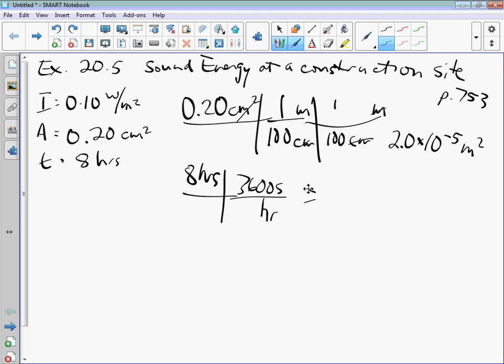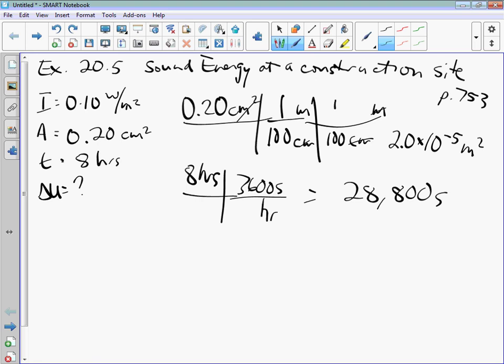You end up with lots of seconds, 28,800 seconds. Now that we've got our units where we need to be, we can start the problem. We're wondering how much energy is absorbed by that eardrum in an 8-hour workday.